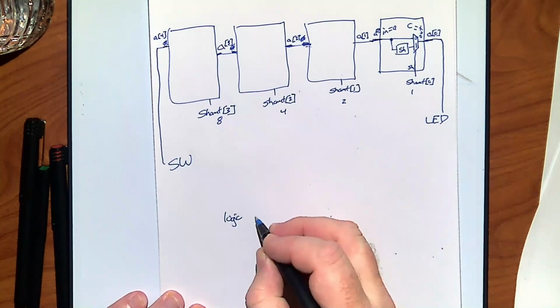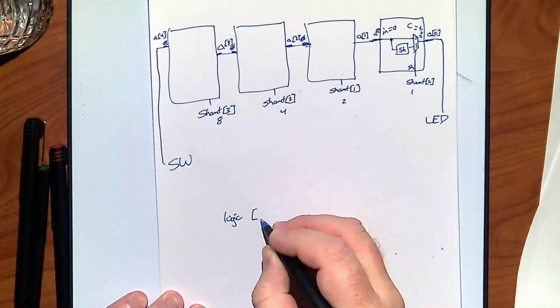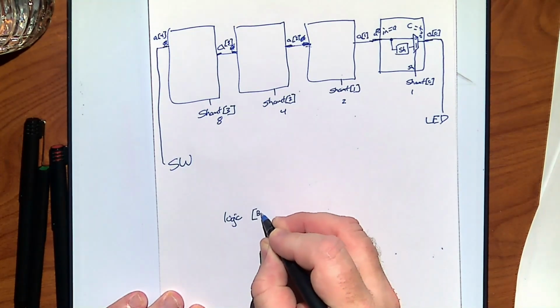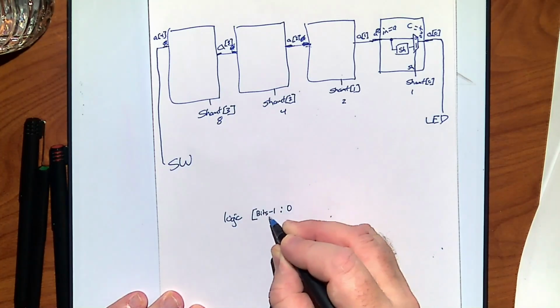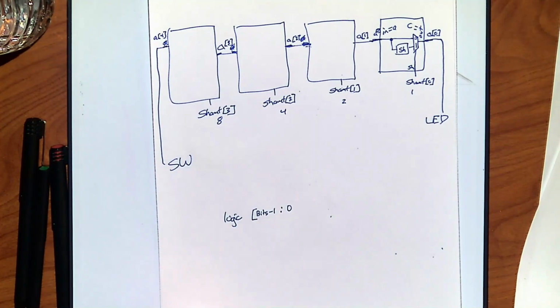So we want that, and I'm going to call this, in this case, bits minus 1 down to 0. This is however many bits. So if I have 16 bits, then it would be 15 down to 0.